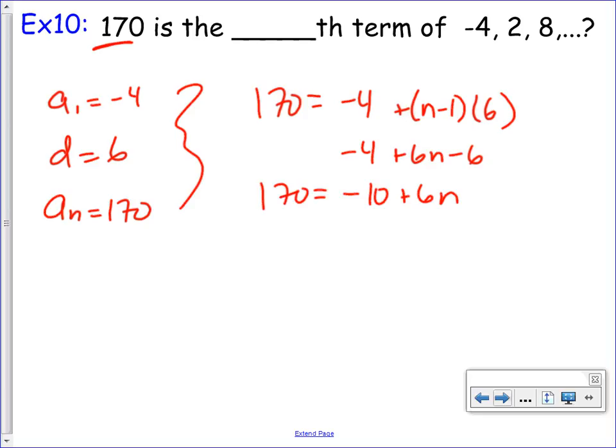Simplify the right side. Add 10. So 180 is equal to 6N. That's 30. So 170 is the 30th number.